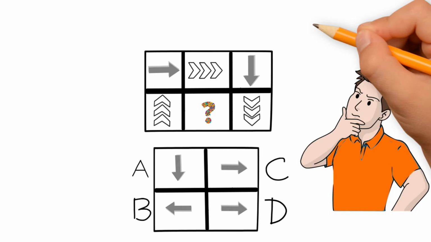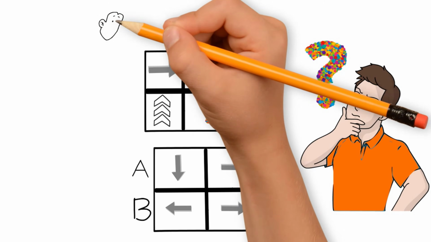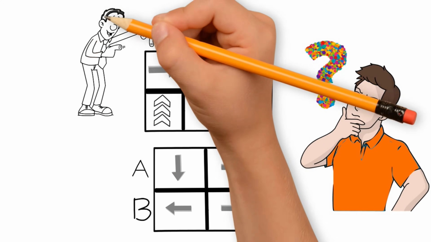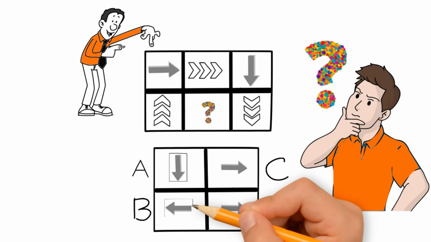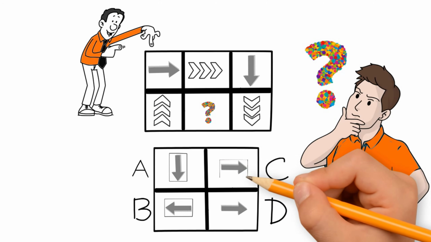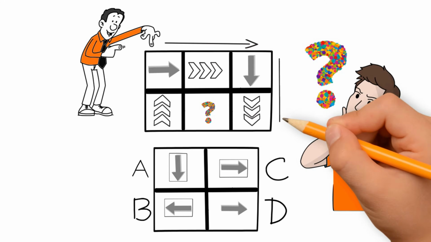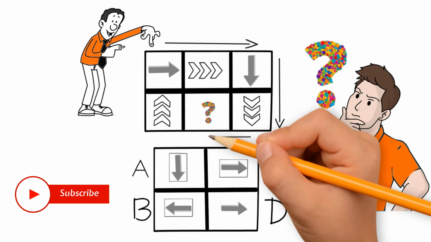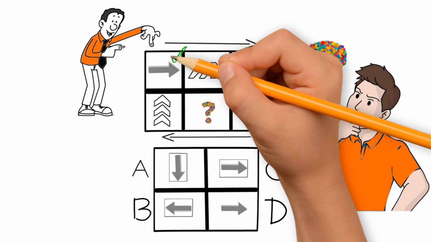Did you figure out the correct answer? Let's continue to see if we can get to the correct solution together. To solve these types of challenges, you always need to look for patterns. And there are 3 different patterns present in this sequence. Let's look at pattern 1. If we start from the upper left corner and go clockwise, you see that the arrows change alternately in each subsequent box.